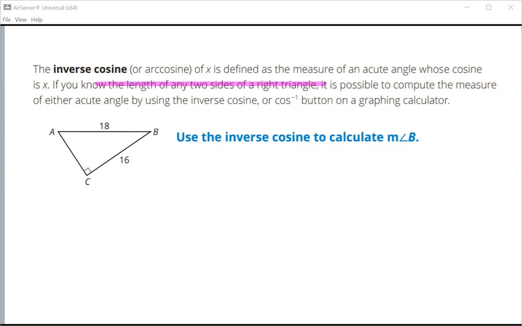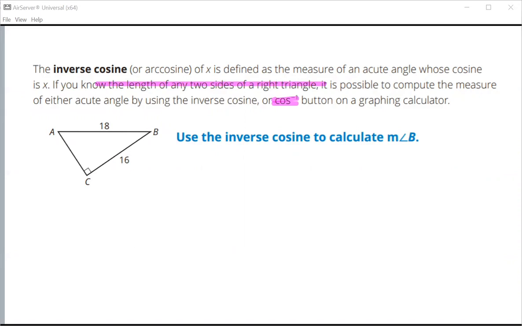Since we're finding degrees, it is important that you remember, just like we talked about in our previous two lessons, to change your calculator from radians to degrees for this part of the lesson, because we are finding the inside degrees of an angle. The other thing to remember is, just like with our inverse tangent and our inverse sine, we're going to use the symbol here to find our inverse cosine. So let's take a look at our example below.